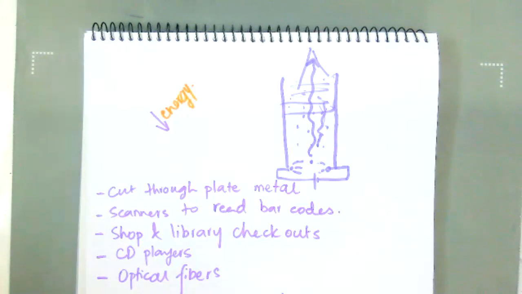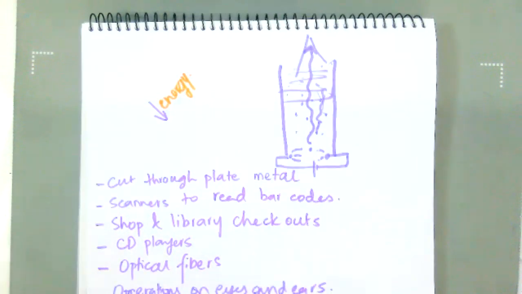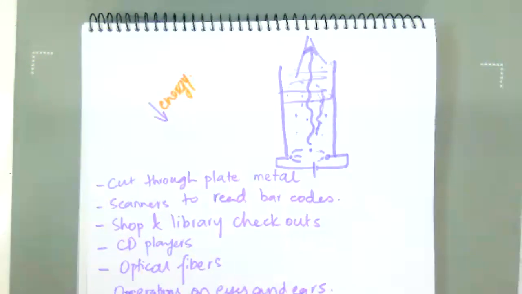You can use them for scanners to read barcodes at library checkout, CD players, optical fibers, and you can also use them in surgeries because they get strong enough to cut the organs. This is only for eye and ear surgeries. Printing, surveying, and range finding. You can range find by calculating the amount of distance this is reflecting back.